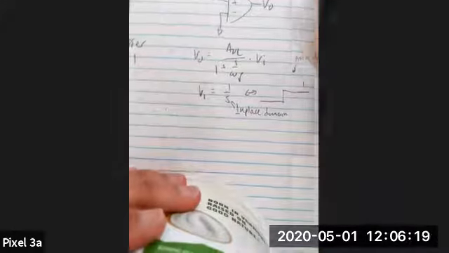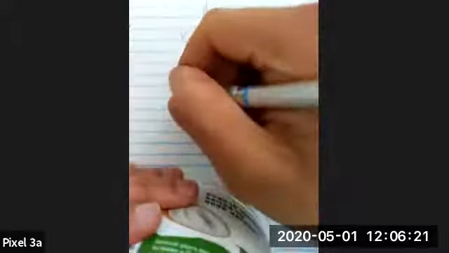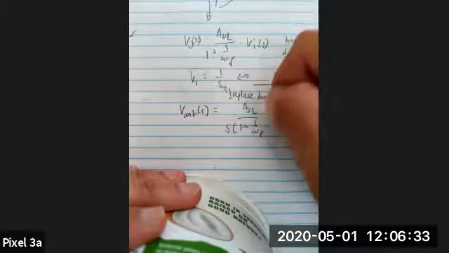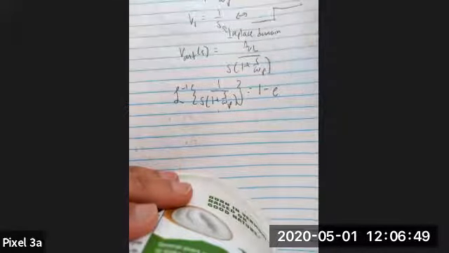Then we see that our output Laplace transform, which is a function of S, becomes this. And one useful trick is that the inverse Laplace transform of 1 over S times 1 plus S over omega p is equal to 1 minus e to the negative omega p times t.